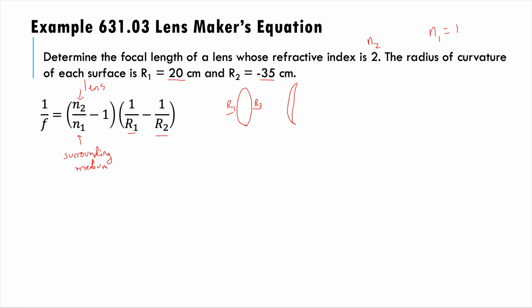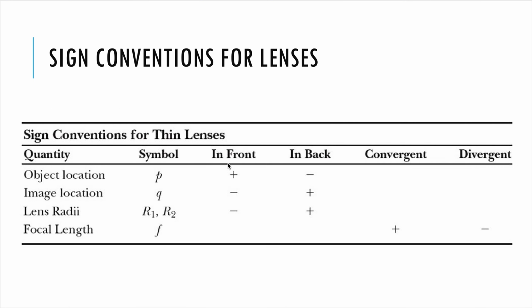If we go back to our table that we had in this video, I kind of skipped over this line here because we didn't have the lens maker's equation in the video, but this table tells you everything you need to know about the sign convention. If the radius is in front of the lens, then the radius is negative.